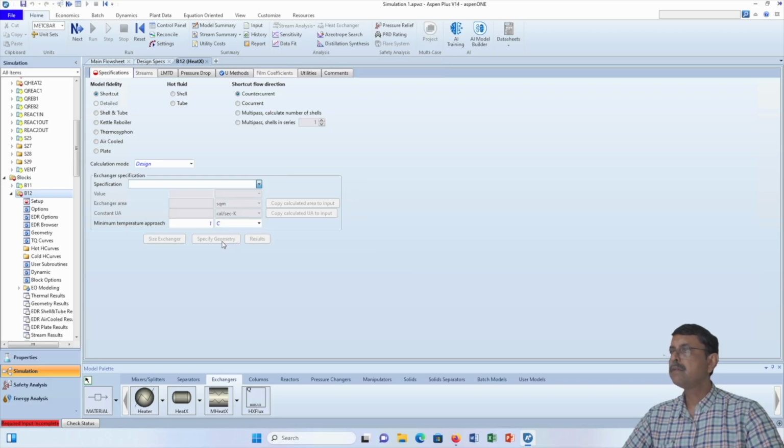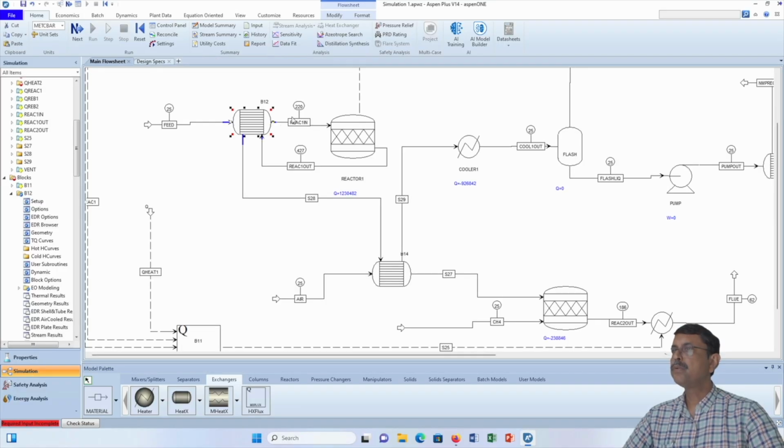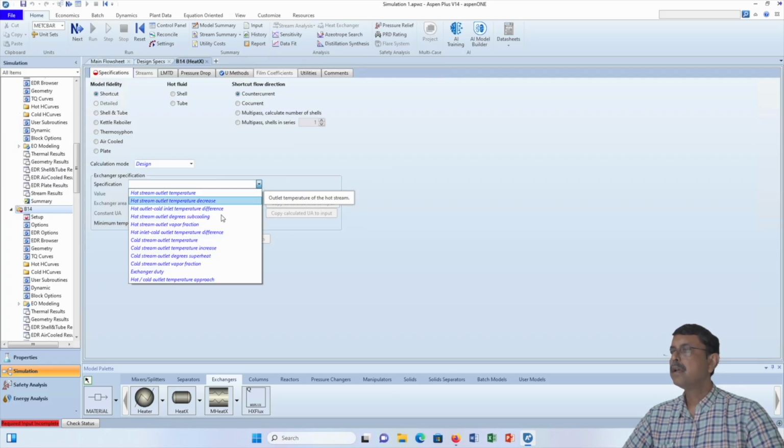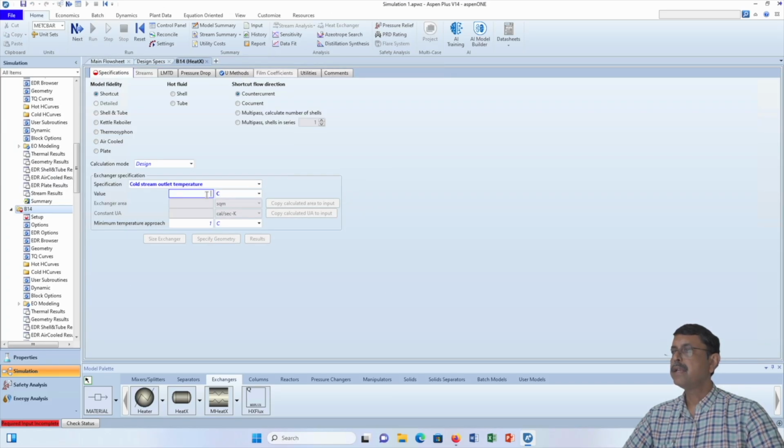That is the cold stream outlet temperature, which is 220 degrees centigrade. So it has preheated up to 220. And then this one. Okay. This one we will preheat up to, say, say 90 degrees centigrade.